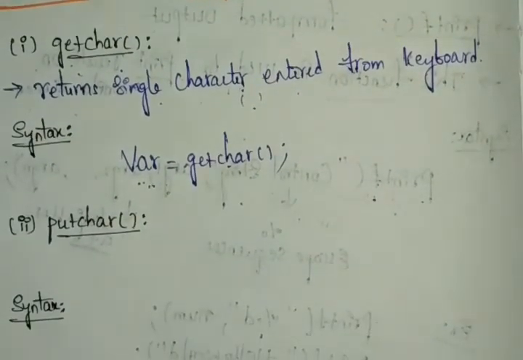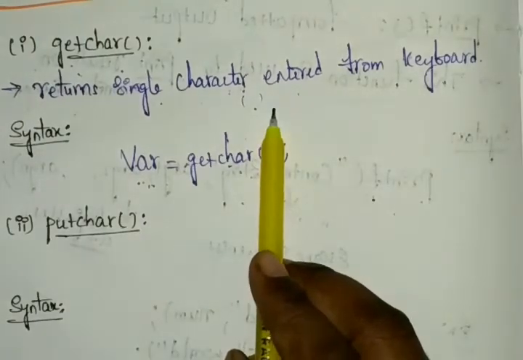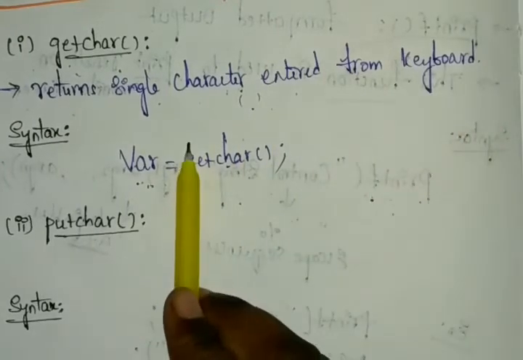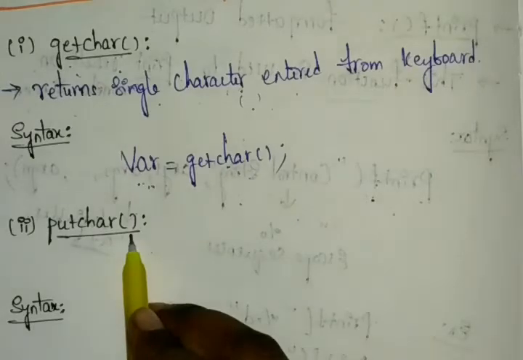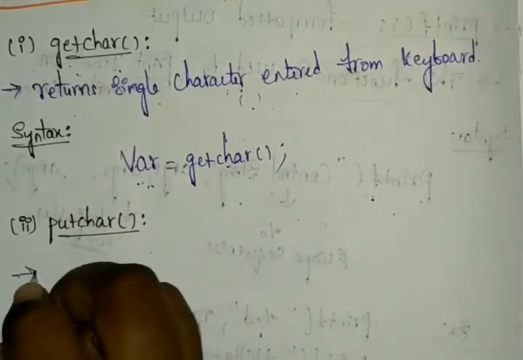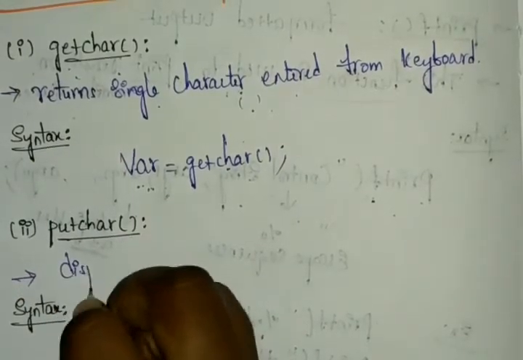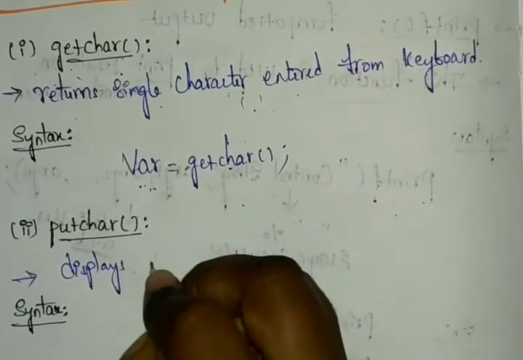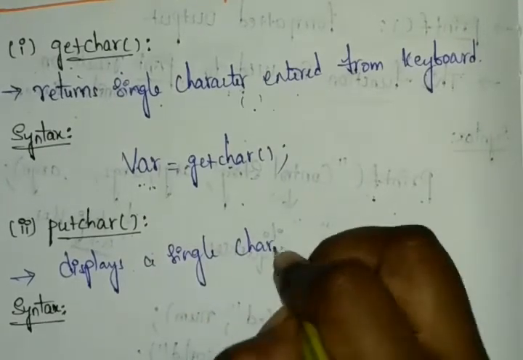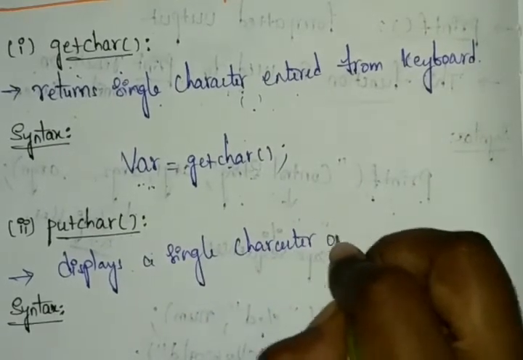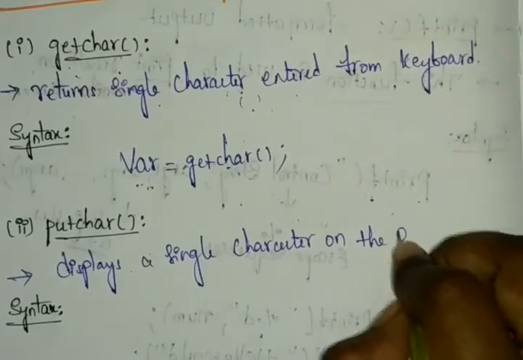Next we have putchar. This function displays a single character on an output device. Whatever the user has entered from the keyboard can be displayed by putchar.